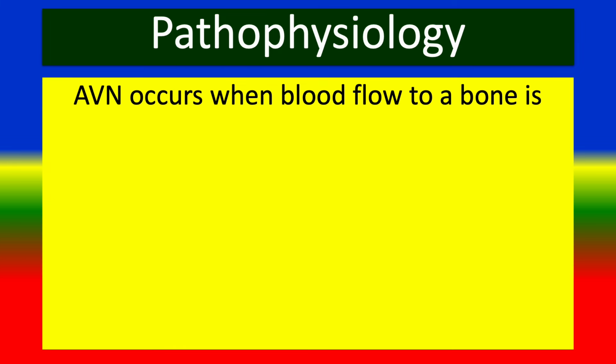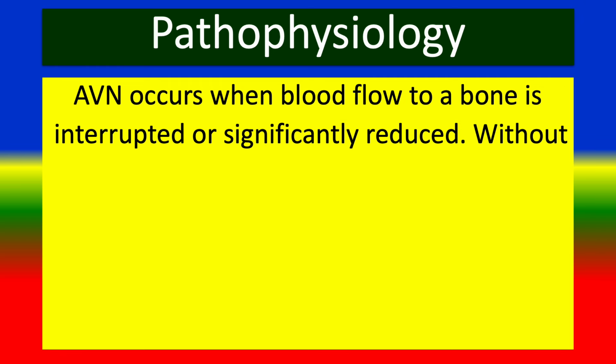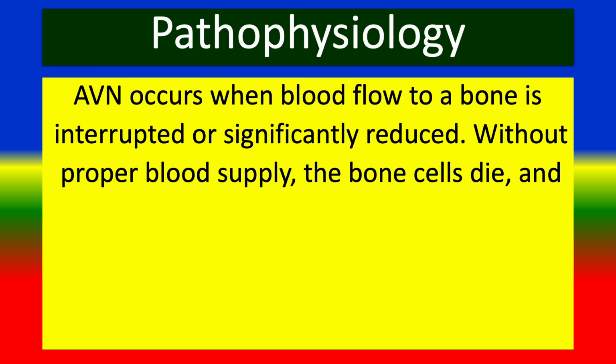Pathophysiology. AVN occurs when blood flow to a bone is interrupted or significantly reduced. Without proper blood supply, the bone cells die and the bone weakens.